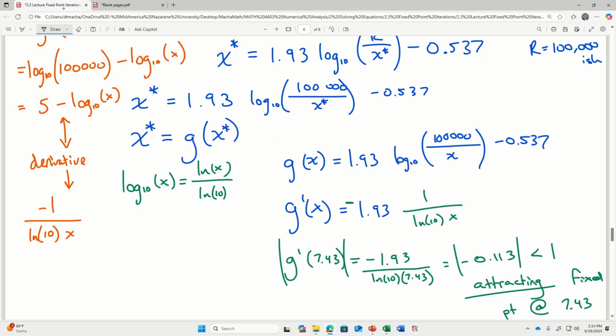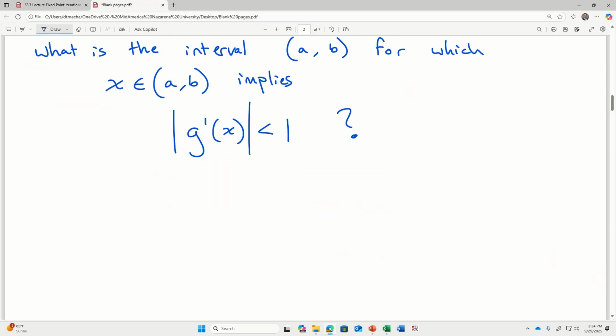And g prime of x is negative 1.93 times 1 over natural log 10 times x.